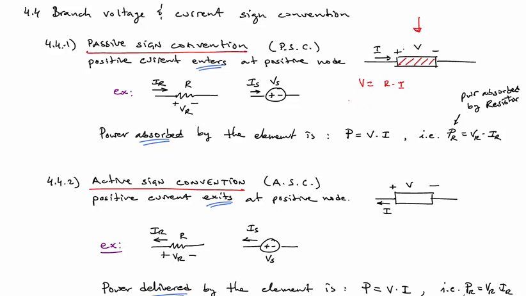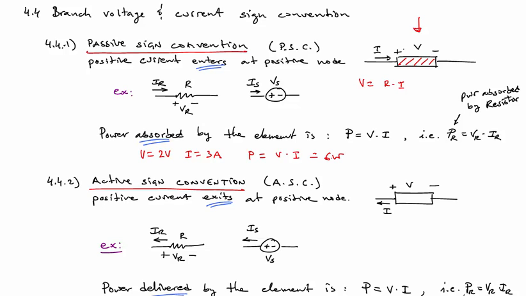If you compute the power that is being delivered to that element, then if you have a positive voltage, let's say that you measured 2 volts, and a positive current, let's say 3 amps, then the power would be 2 times 3, or 6 watts.